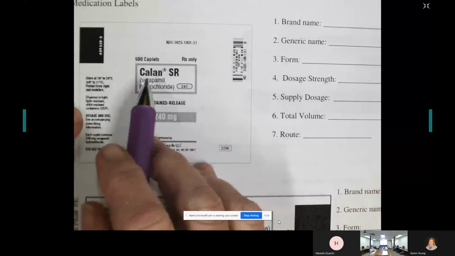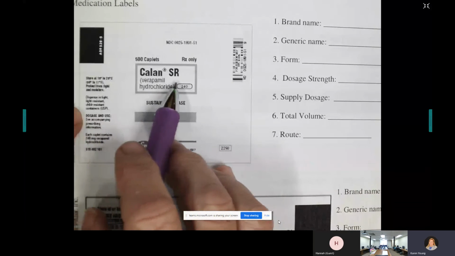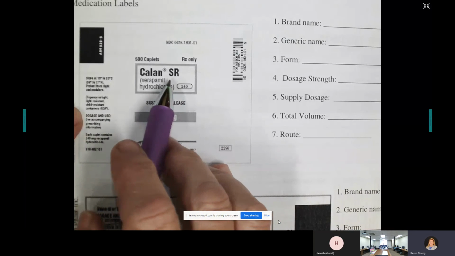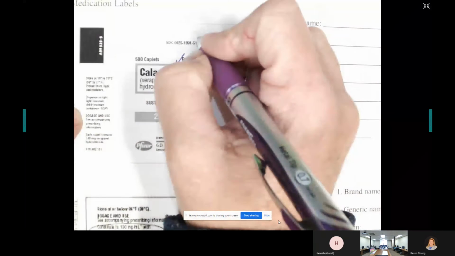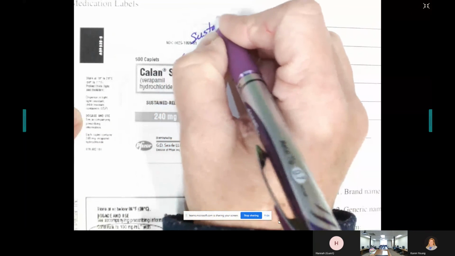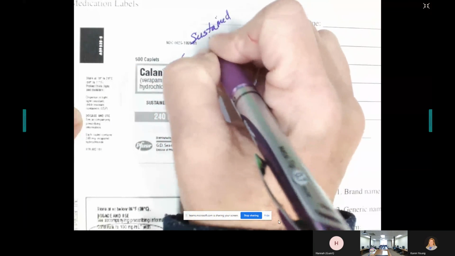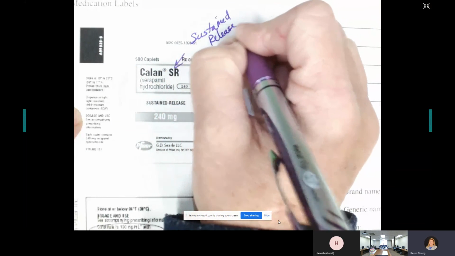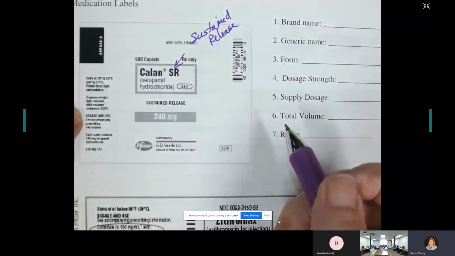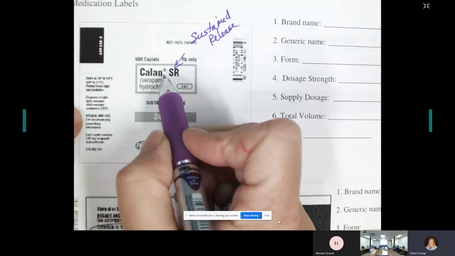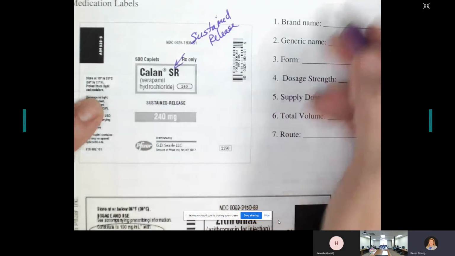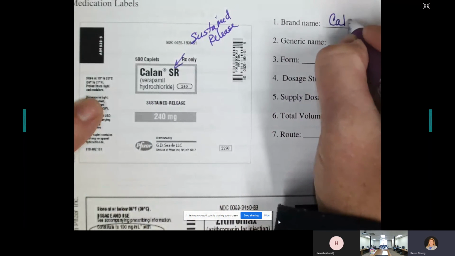So I have Calan SR. SR stands for sustained release. It's like the extended release. Notice the Calan has the little R for registered. So Calan is my brand name.